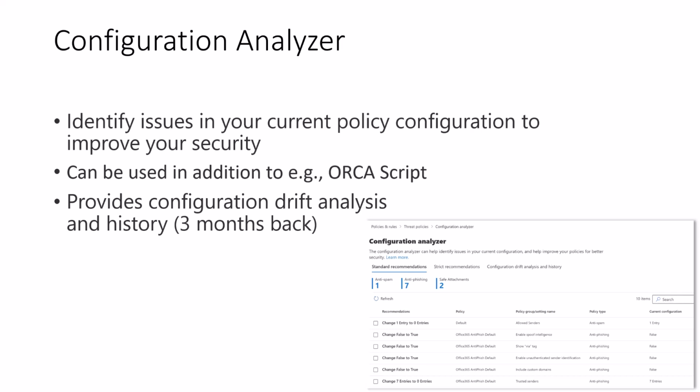And whatever you then choose to change within the configuration analyzer, you'll be able to find a history log going 3 months back within the configuration drift analyzer and history pane within the portal here. So that's a good way of always going back and monitoring who did the change and when, and what was the change done from and what is the change now.